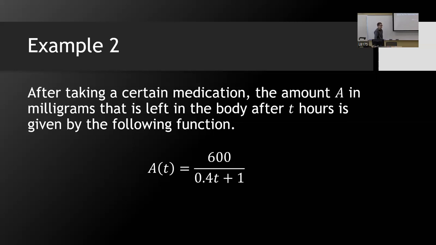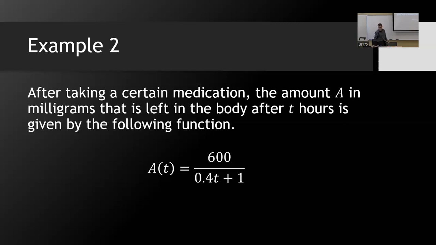How much is in the system? And that's basically it. So we have this rational model where the amount of medication is going down, getting closer and closer and closer to zero. And it'll essentially be zero at a certain point.